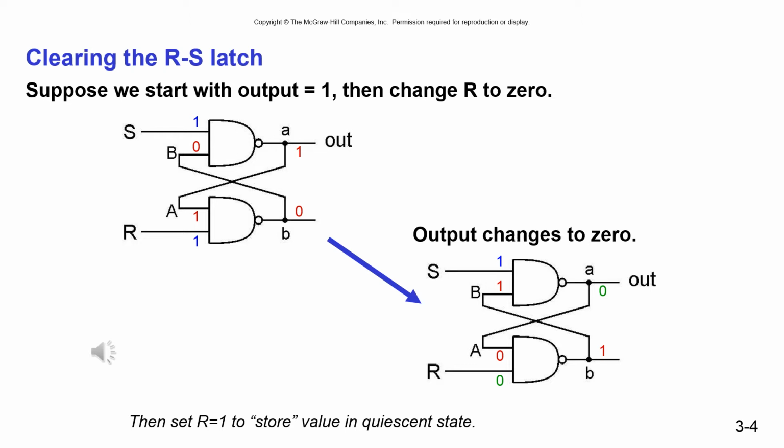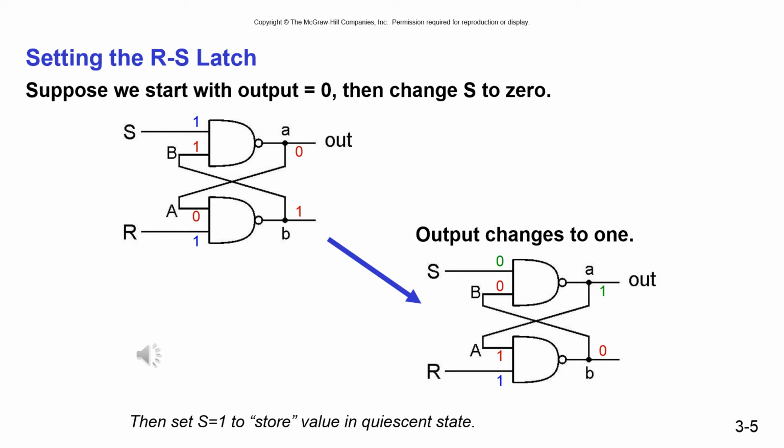So we change R to 0. We want to reset. 0, 0 goes to 1, 1 and 1 are pushed into the NAND gate on S, and A changes to 0. So we've moved from one state to the next. We've reset the latch, the SR latch.